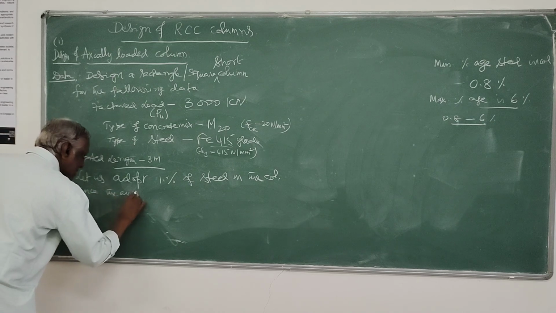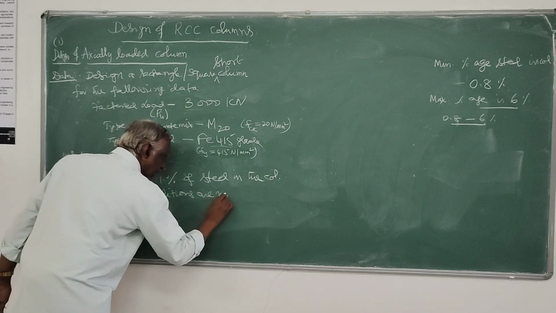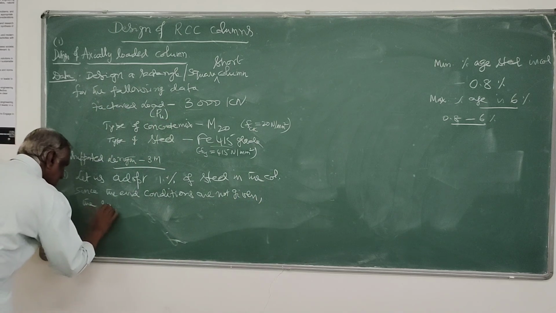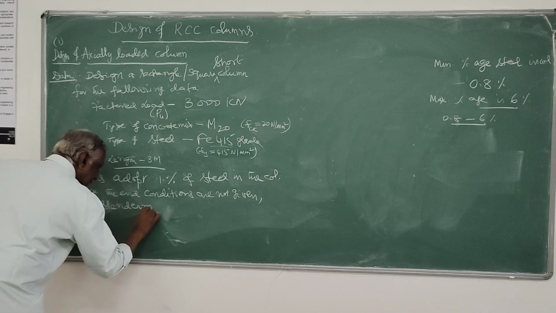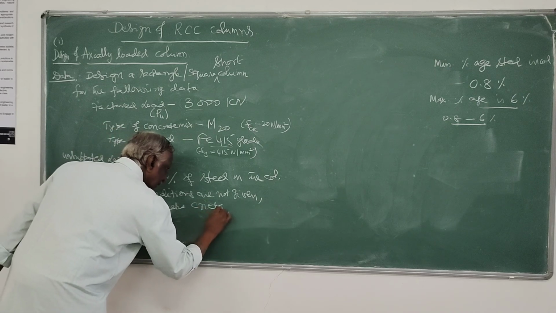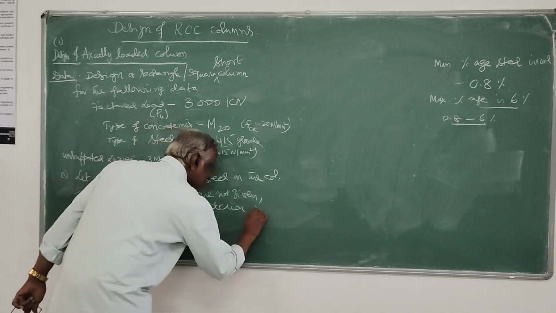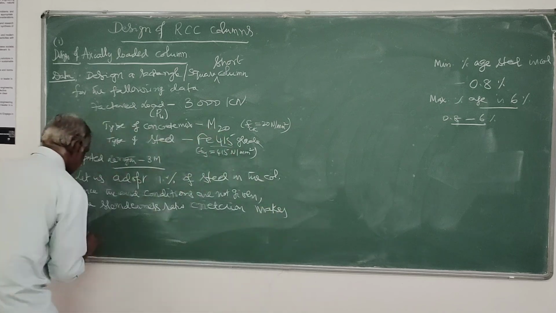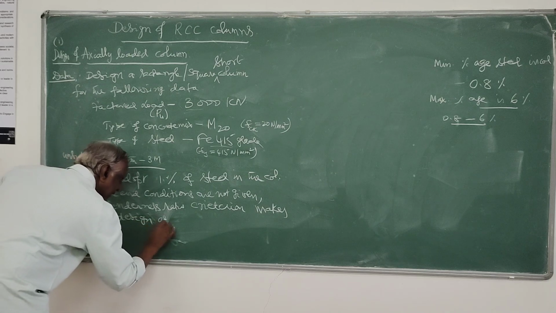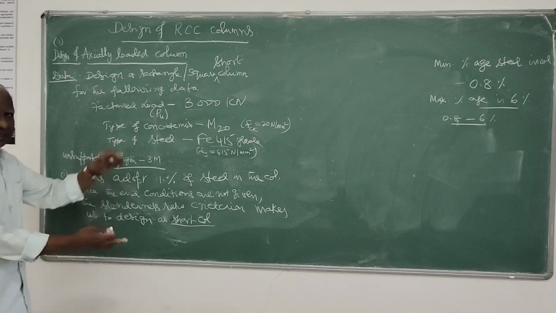Since the end conditions are not given, the slenderness ratio criterion makes us design it as a short column and not a long column, because the end condition is not given.